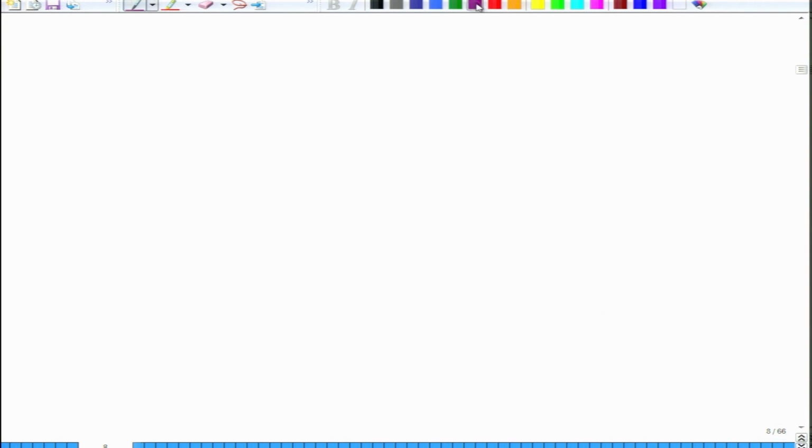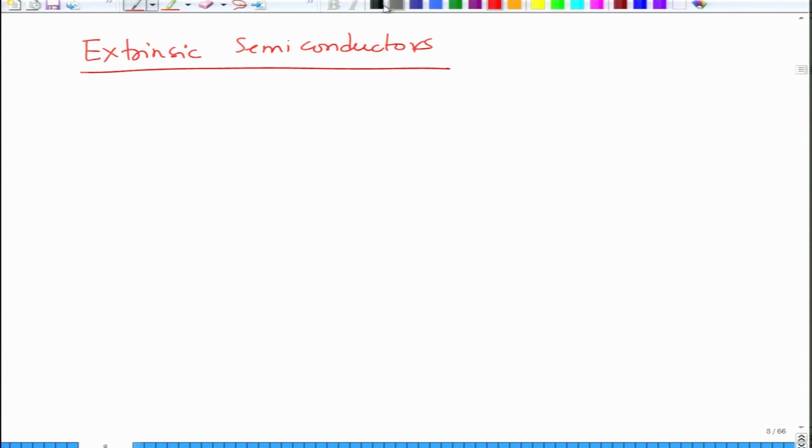Now intrinsic semiconductor has lower conductivity, and to make devices generally we dope the semiconductor with a dopant, and these doped semiconductors are called extrinsic semiconductors. And these extrinsic semiconductors are of two types, one is N type and second is P type.